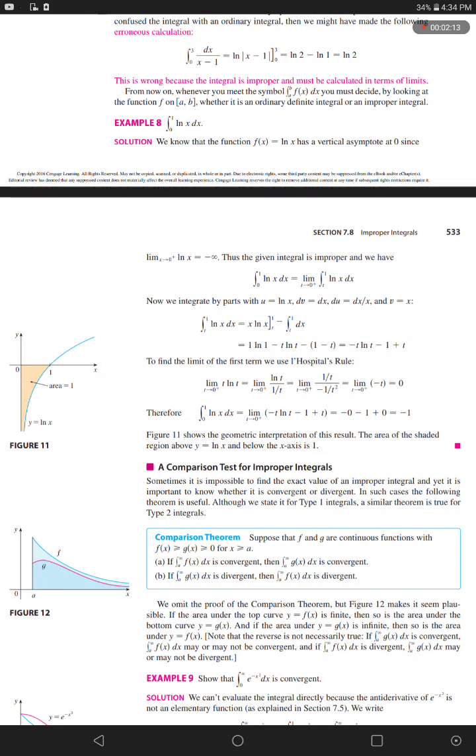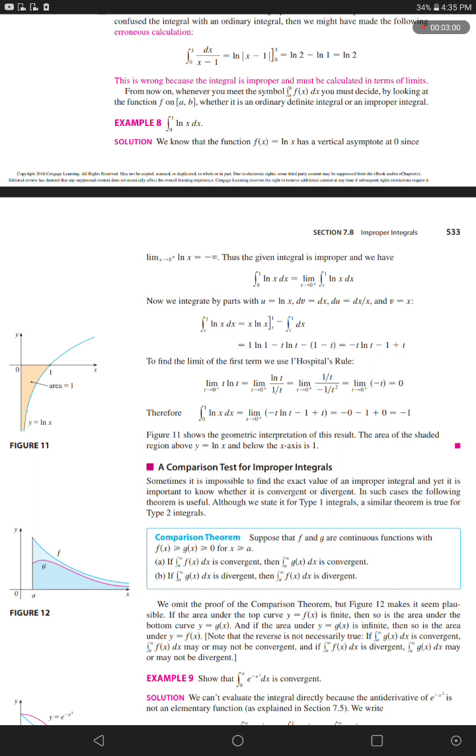The limit as t approaches 0 from the right of t times the natural log of t equals the limit as t approaches 0 from the right of the natural log of t over 1 over t, equals the limit as t approaches 0 from the right of 1 over t over negative 1 over t squared, equals the limit as t approaches 0 from the right of negative t, equals 0.